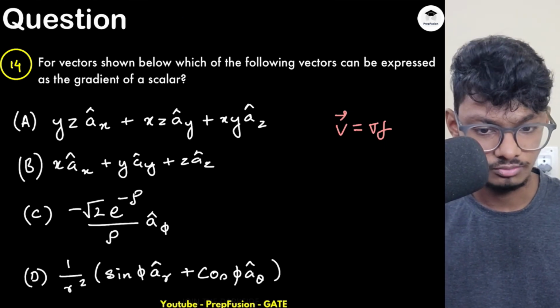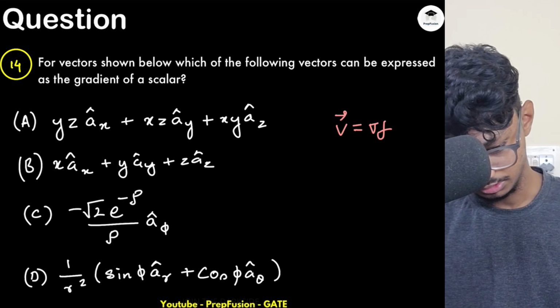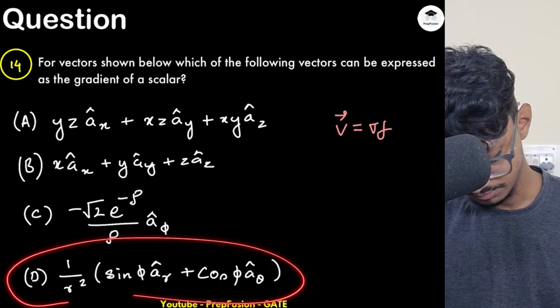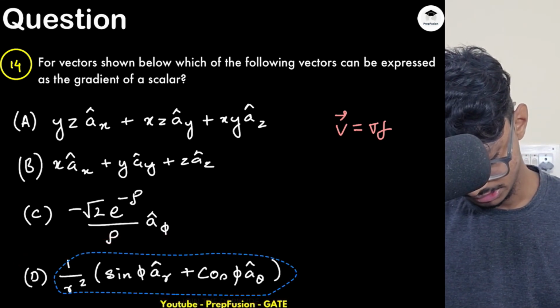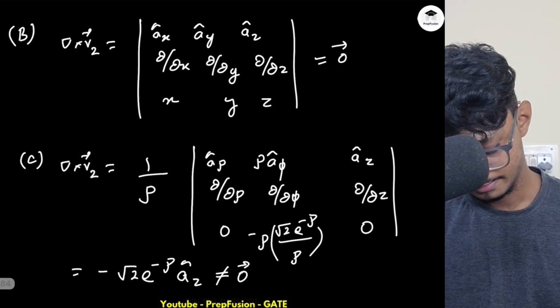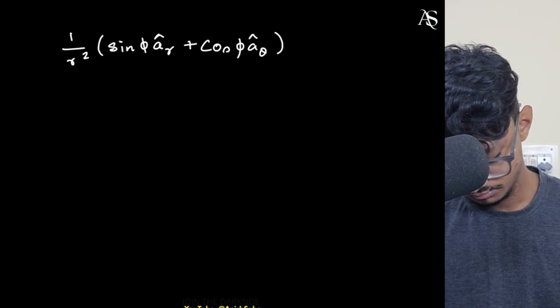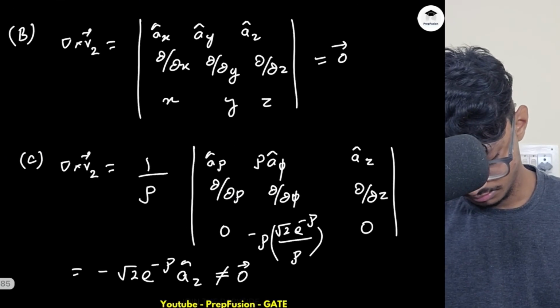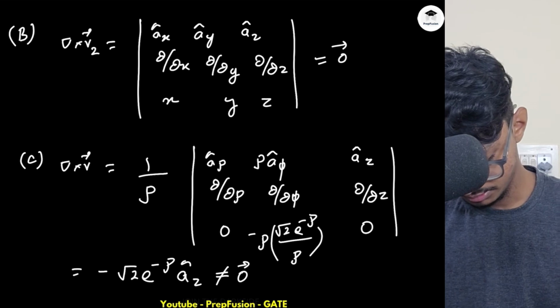So let's now move on to the next example. D, this is in the spherical coordinate system now. This is V3, right?